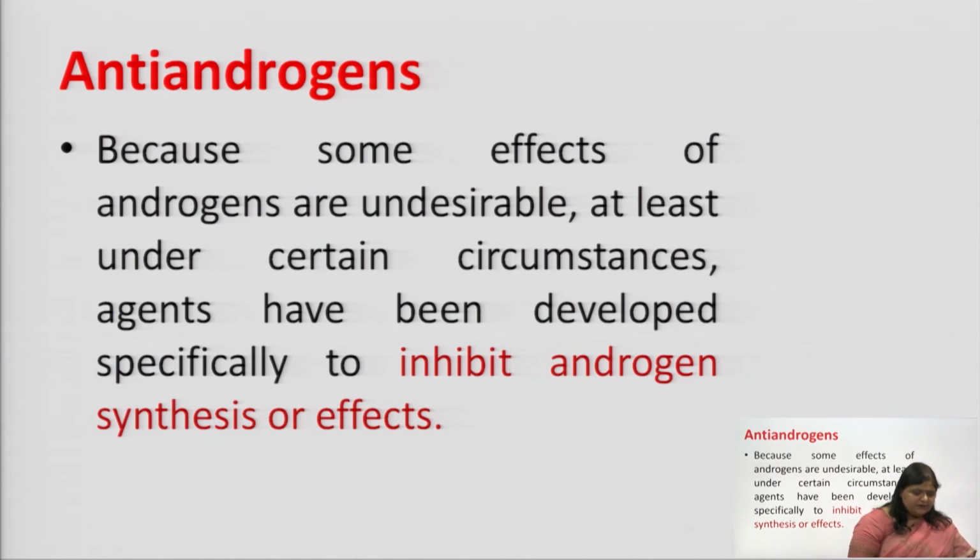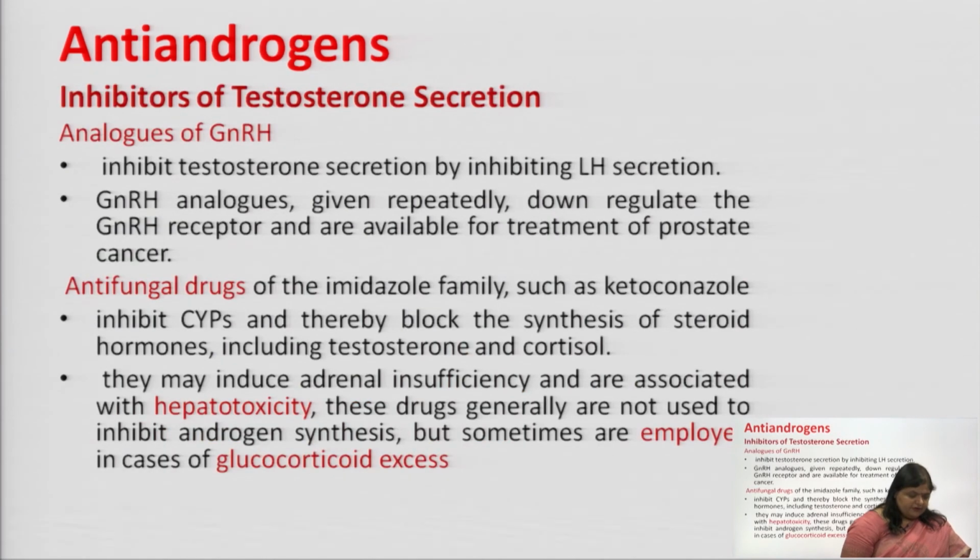Now, antiandrogens, since we saw that there are certain undesirable effects of androgens, these drugs have been developed to inhibit the synthesis or the effects of these androgens. Now, these antiandrogens are inhibitors of testosterone secretion.